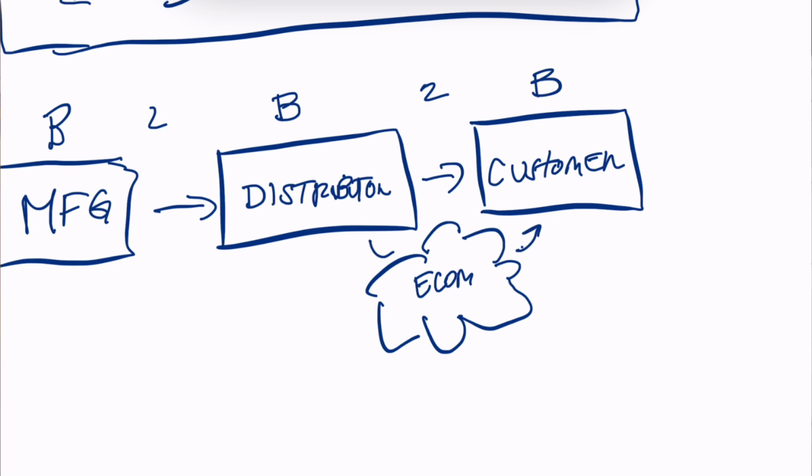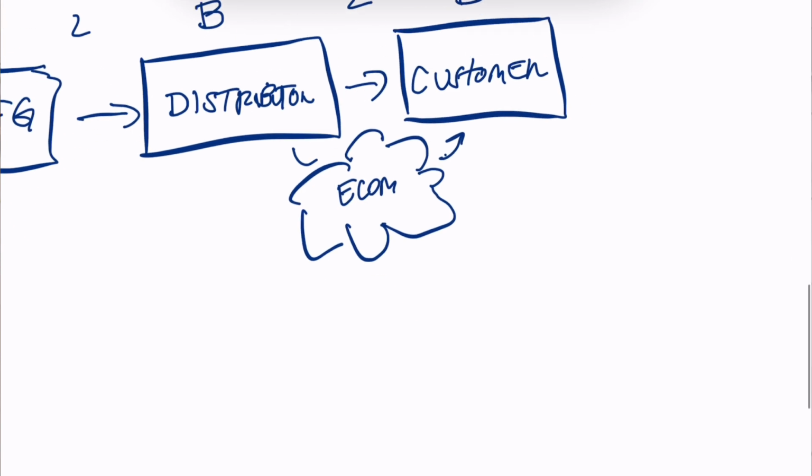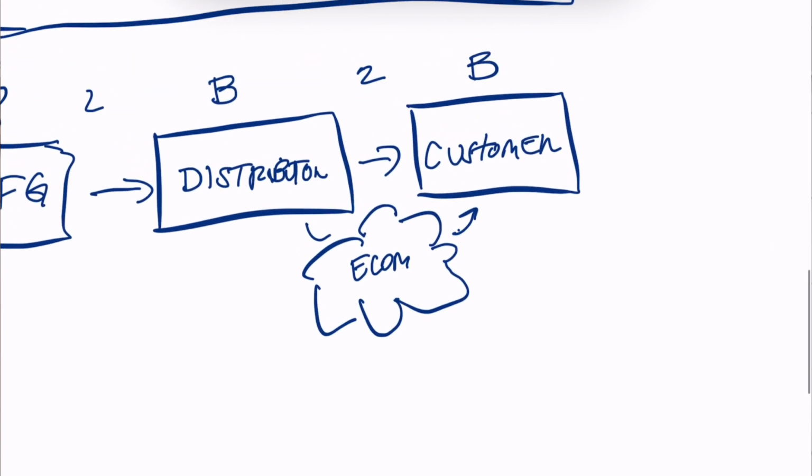E-commerce happens between distributor and customer. E-commerce can happen in other places, but this is the most valuable. It's the part where the product content is most important. Product content becomes most important here because the customer is purchasing a product that's solving the problems from the distributor.